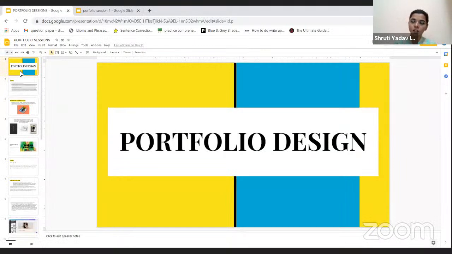Hi guys, so I am Shruti and I'll be taking you through what you require when you're approaching a portfolio. So basically, when we're talking about a portfolio, we're talking about that person's work. So you're talking about your design aesthetic or the kind of work that you want to do in future.